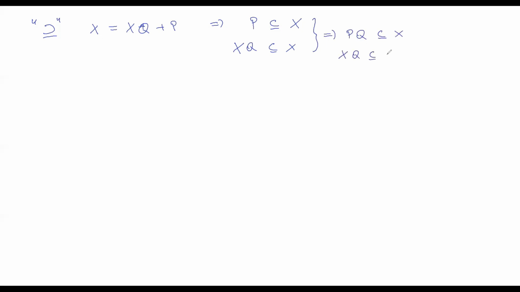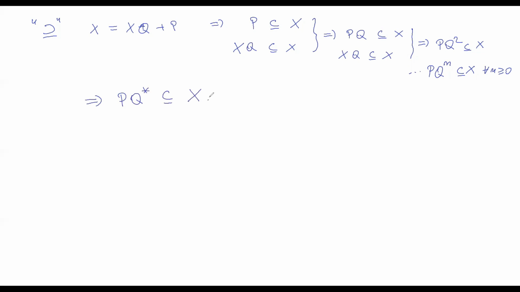Using the fact that XQ is included in X, I conclude that PQ squared is included in X. I iterate this argument, and by induction I can easily form the argument that PQ to power n is included in X for all n greater than or equal to 0. And so that implies in particular that PQ star is included in X.